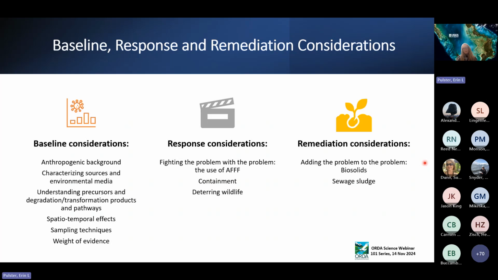Once you add it, it's going to merge and transport to the groundwater, and it's also going to be taken up by crops and vegetation. I know it's a big problem using biosolids right now on farmlands because it is being taken up in our foods.